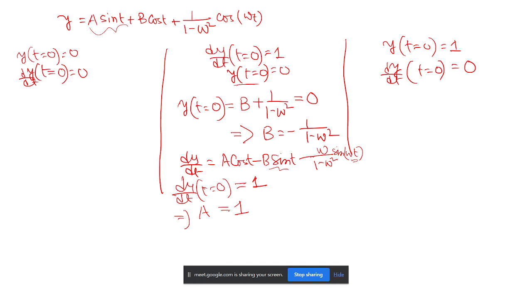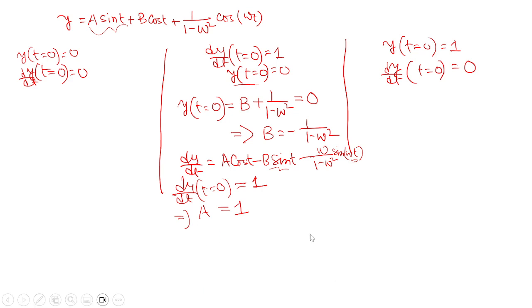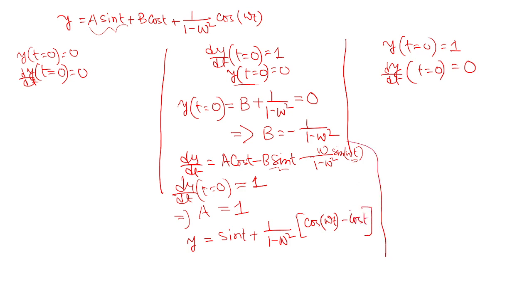So for this initial condition, our solution will be sine of t minus 1 by 1 minus omega square, taking this common, cosine of omega t minus cosine of t. So this is for this initial condition.